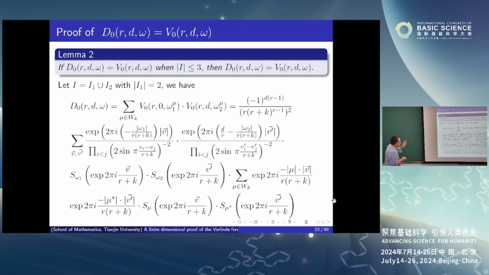Now you can prove that if this equality holds when the number of parabolic points is smaller than 3, I mean 1, 2, then the formula is proved if we can prove this special case.